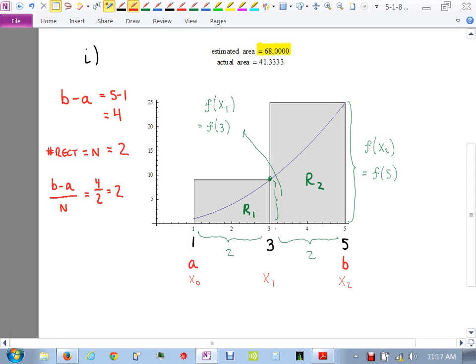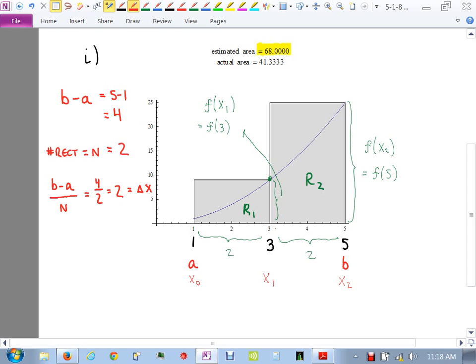We are going to call this delta x. Delta represents change, like the word change in x. So when you look at a rectangle and its base, delta x is how wide the base of each rectangle would be.